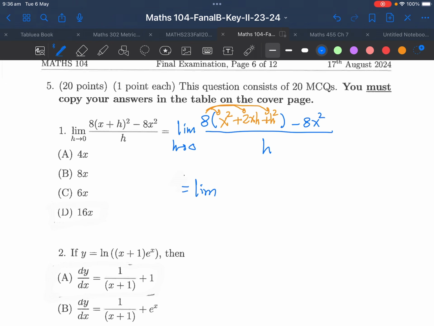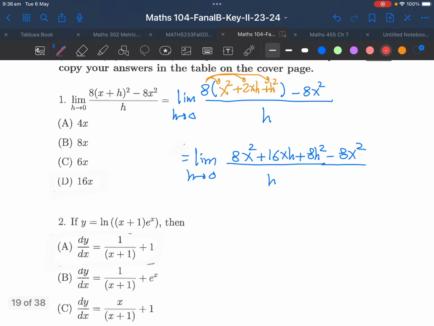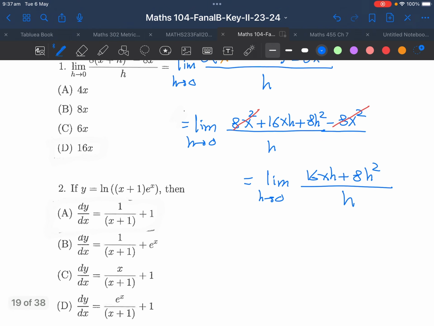Next step, take the 8 inside everywhere. So this would be equal to the limit as h goes to 0, of 1 over h, times 8x squared plus 16xh plus 8h squared minus 8x squared. Now you can do the cancellation: negative 8x squared with 8x squared get cancelled. So we get 16xh plus 8h squared, divided by h.